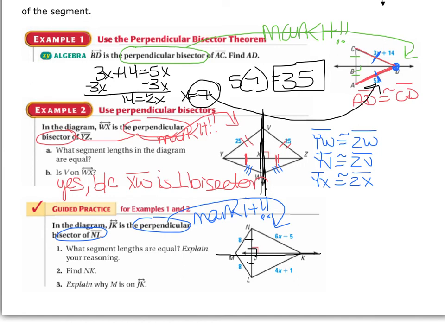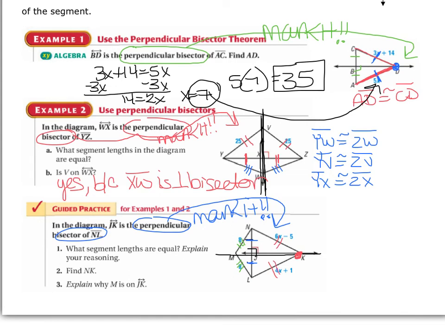So, what segment lengths are equal? Explain your reasoning. Well, if it's a perpendicular bisector, then the point on the bisector is equidistant to the ends. And we already marked these congruent because of the perpendicular bisector. And we can see that these side lengths of 8 are congruent because they're marked with 8.